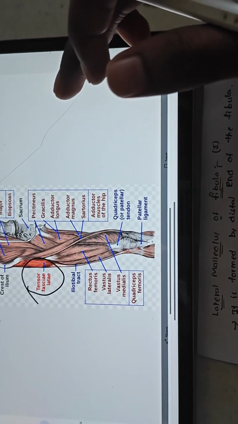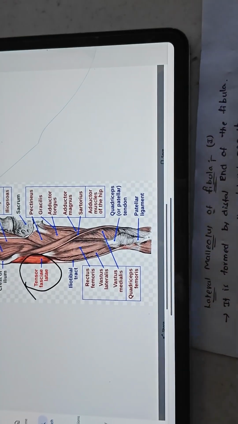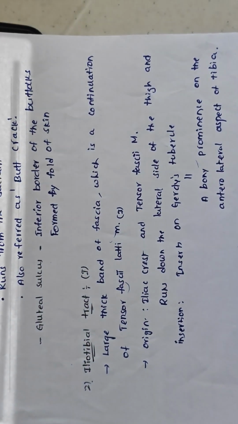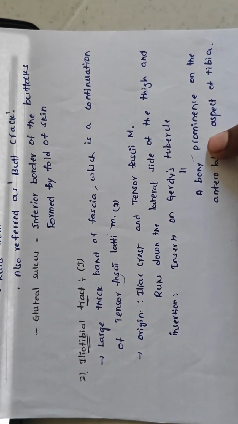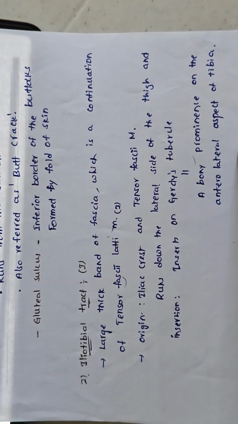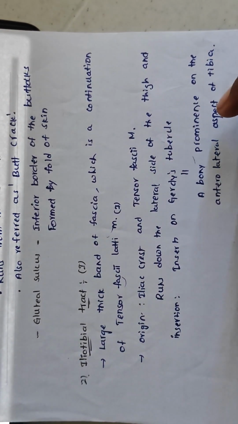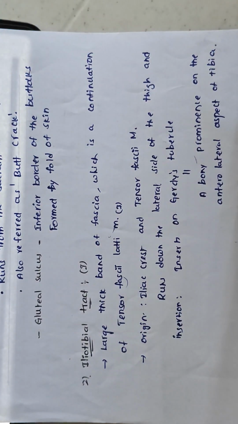The origin of this iliotibial tract is the iliac crest and tensor fascia latae muscle, and it inserts on Gerdy's tubercle, but in the picture it's not shown. And what is this Gerdy's tubercle? Gerdy's tubercle is a bony prominence on the anterolateral aspect of the tibia.